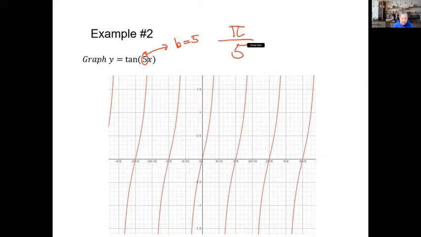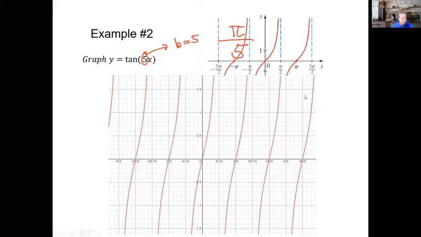The distance of the period of this tangent will be shrunken to 1/5 of the original. So compared to the original tangent parent function, if you verify the labels on the x-axis, it's exactly 1/5, shrunken proportionally in here, right?